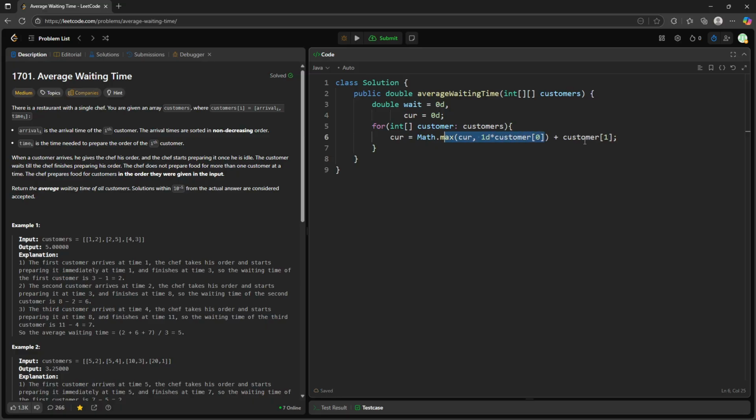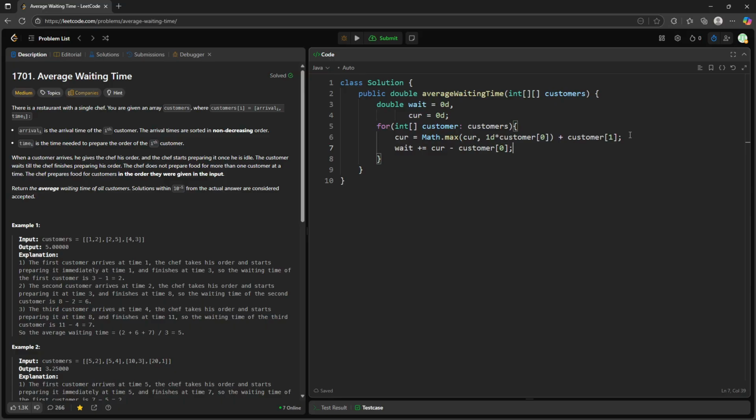And then the wait will plus equal the total time minus the starting time, right?